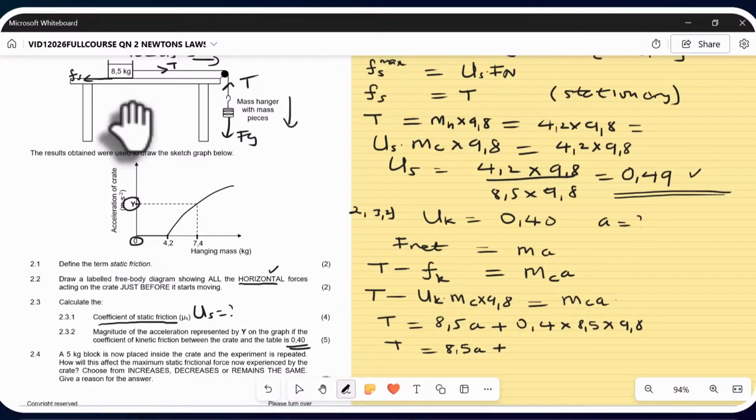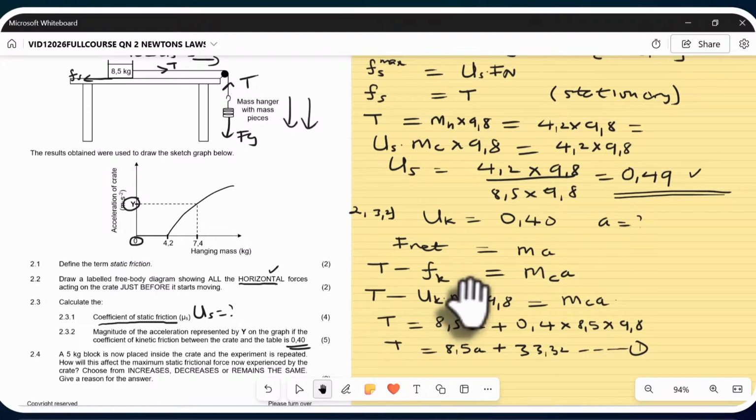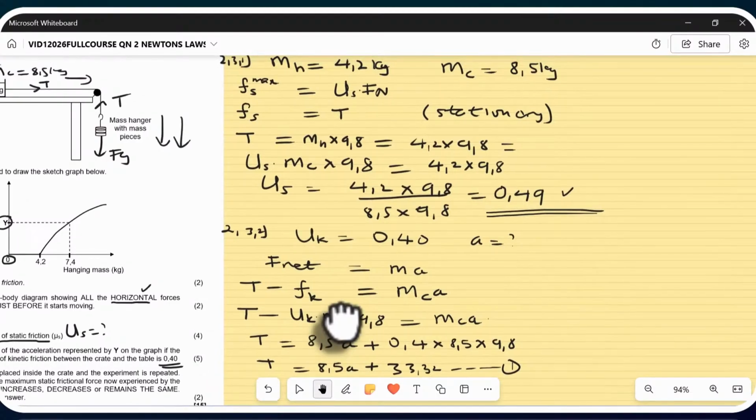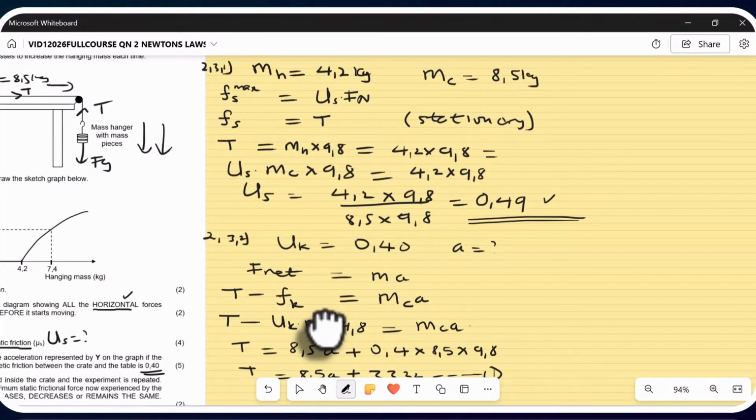Now on the other side, for the hanging mass going downwards, it is Fg minus tension. If we still say F net equals ma, because it's accelerating as well, it's going to be Fg minus the tension equals ma. Now I'm talking about the hanging mass, which is 7,4.